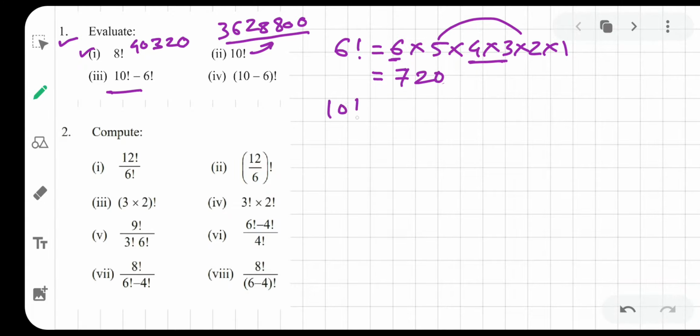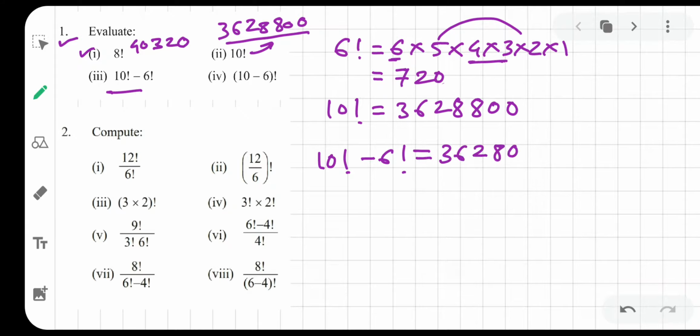We already know 10 factorial is equal to 3628800. So then 10 factorial minus 6 factorial is equal to the subtraction of the two, 3628800 minus 720.